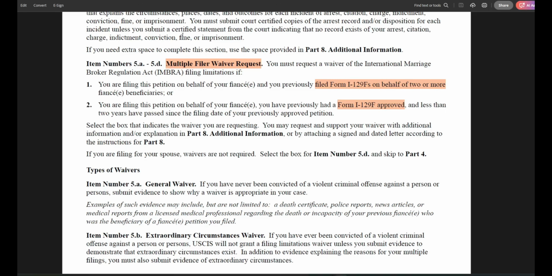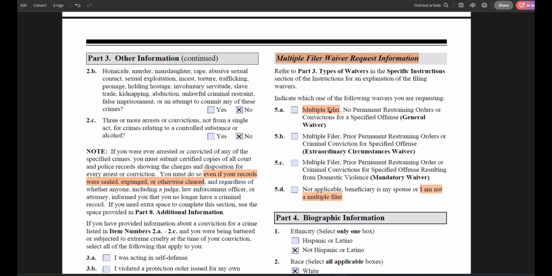You should carefully review the form instructions to see if you even need a waiver. One of the waivers that you may have to request is if you are a multiple filer. If this is your first time ever filing the fiancé petition, you will most likely click not applicable, option 5D.